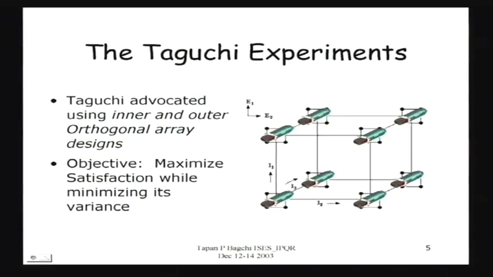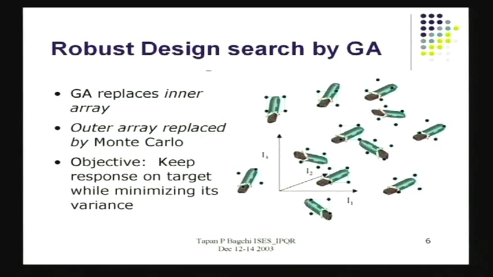This is the one that's going to be what we call the robust design. How do we achieve that? Well, Taguchi's approach would have been to conduct the inner array experiment, bring in the outer array, shake each of these chocolates, and then work out the robust design. That would be one way.